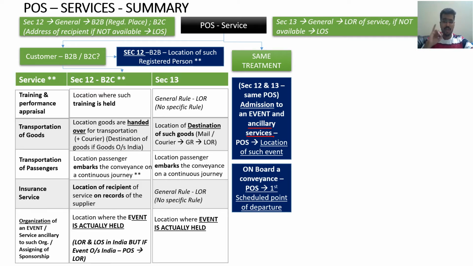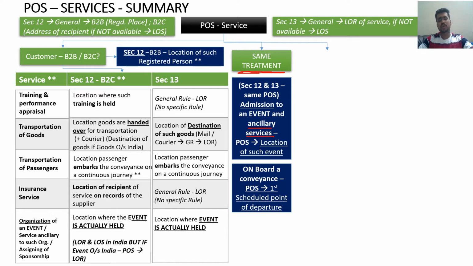If it is an admission to an event like a cricket match, Indian fan or Australian fan, or on board a conveyance, wherever the person is boarding the conveyance, you just need to see what the place of supply is, regardless of section 12 or 13, for these two services. It will be the same under both these sections, right? So these two services enjoy the same treatment under section 12 and 13 for place of supply. Hope we are clear on these two services.